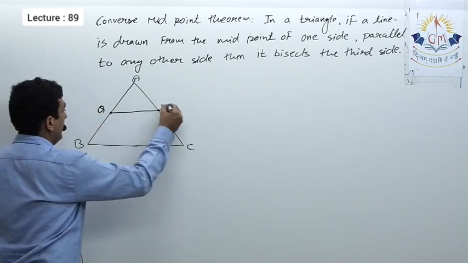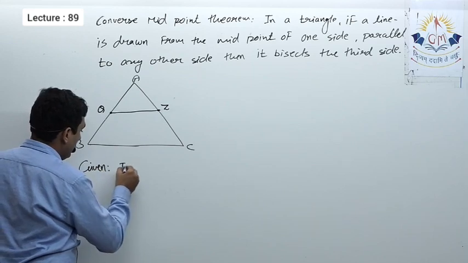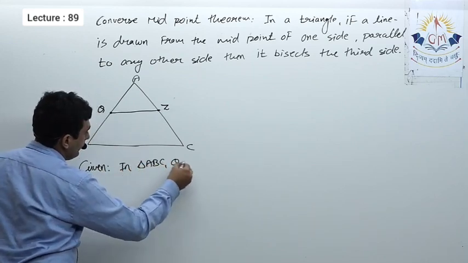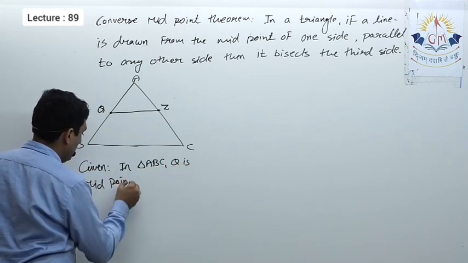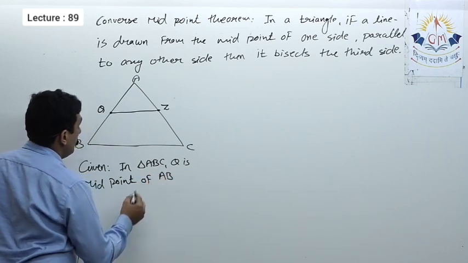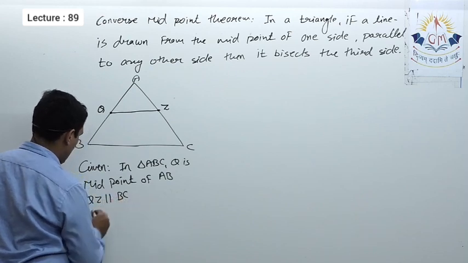So Q and Z. So given, in triangle ABC, Q is the midpoint of AB, and QZ is parallel to BC.